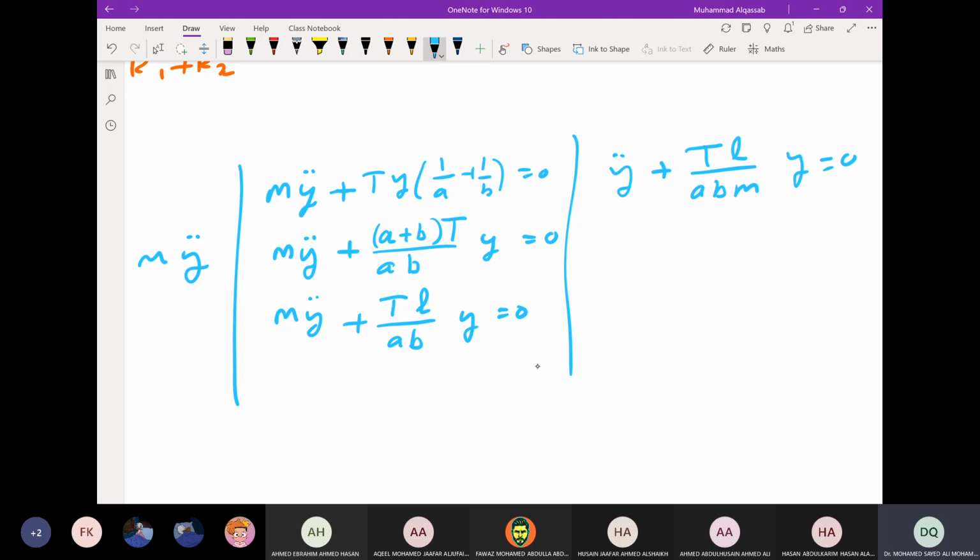Okay, this is the differential equation in its final form. So the natural frequency omega n is equal to the square root of this. That's the natural frequency.